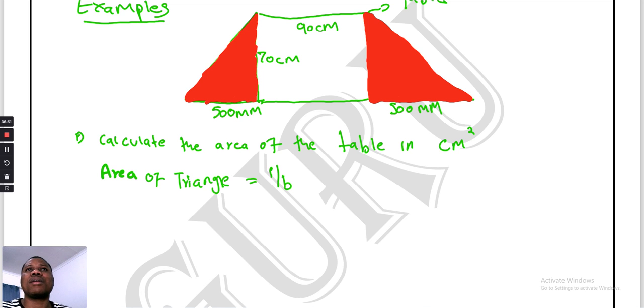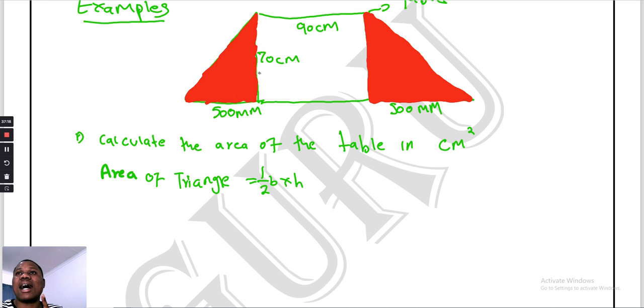Okay, let me write it nicely. We're going to say half base times height. If we check on those two right angle triangles, which side is our height?